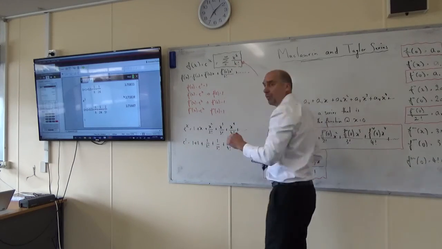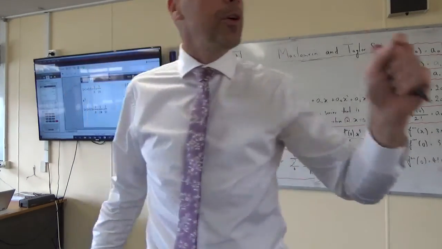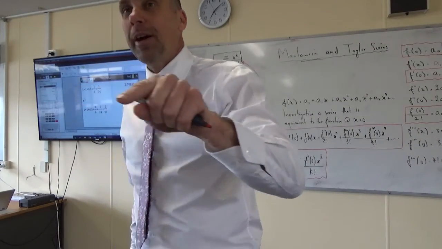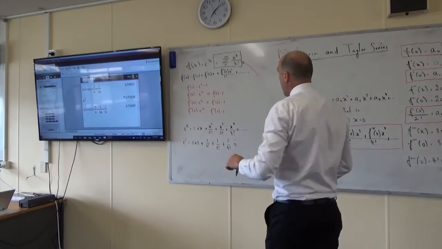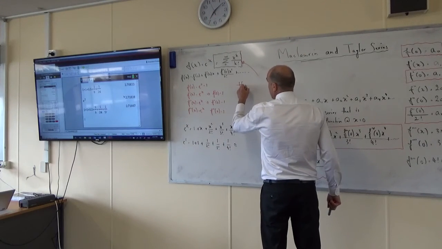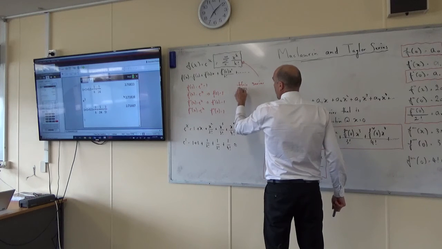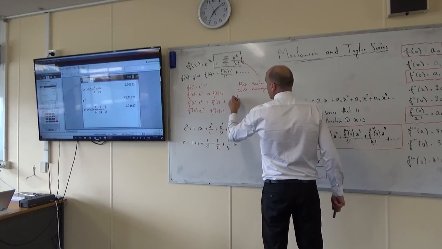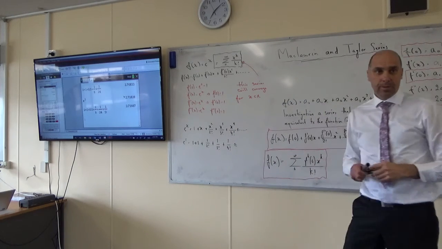That series will converge to all values. It will converge for all values of x. So it doesn't matter what value of x we put in, that series will converge. So this series will converge for x is an element of all real numbers.